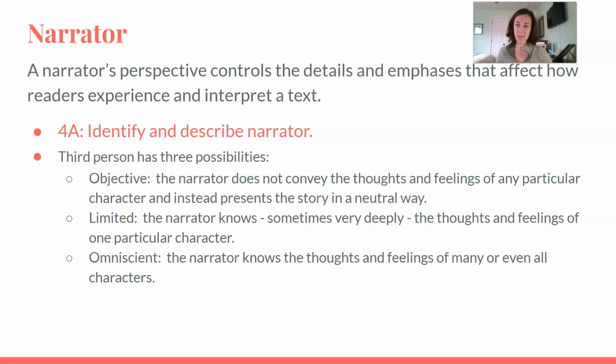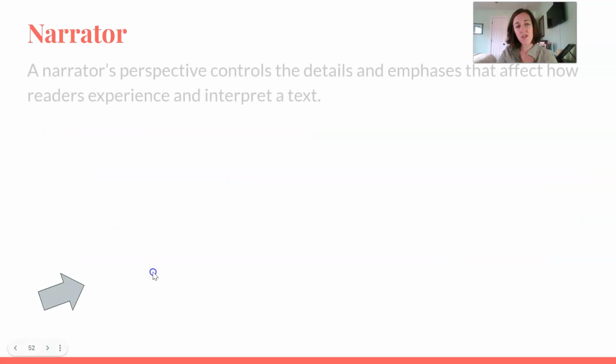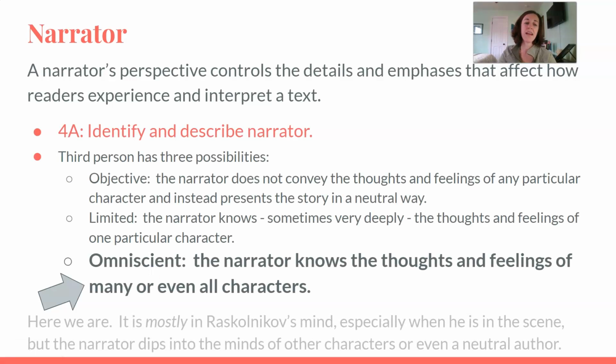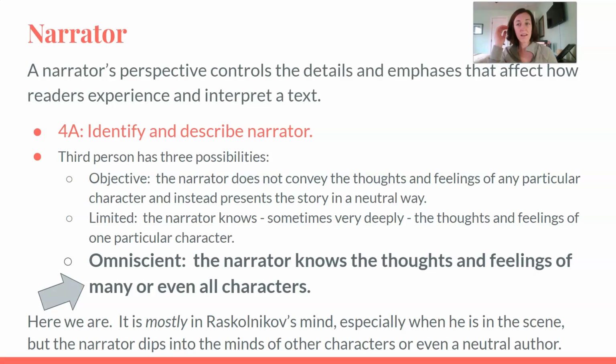So take a moment, pause if you must, and ask yourself, which one is Crime and Punishment? It's actually not completely obvious at first, but we are very much in the world of the omniscient third-person narrator. And I think it's mostly in Raskolnikov's mind, and I think you'll probably agree with that, especially when he's in the scene. So if we're in a room with Raskolnikov, he's the one who we get to see.